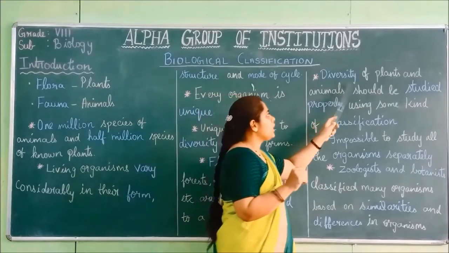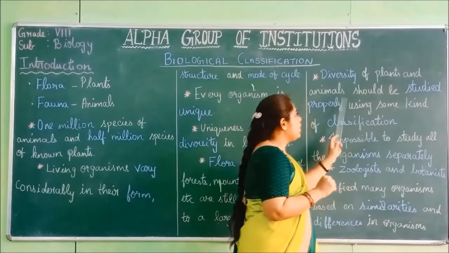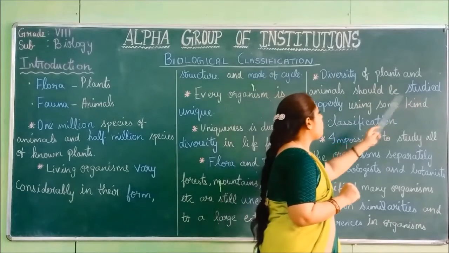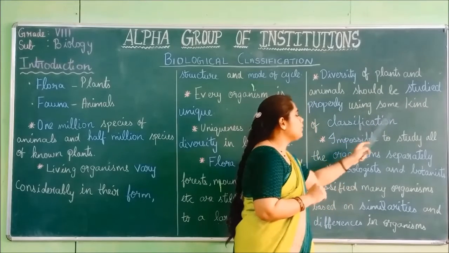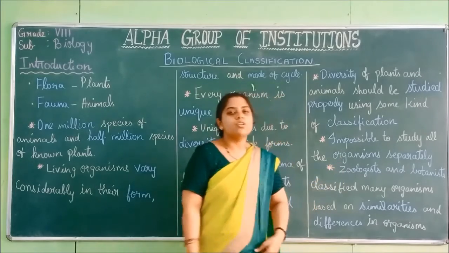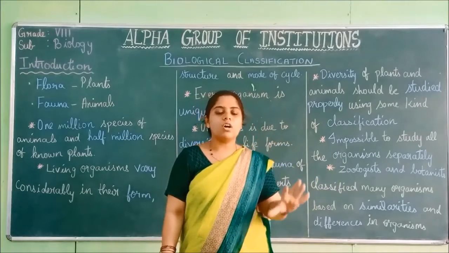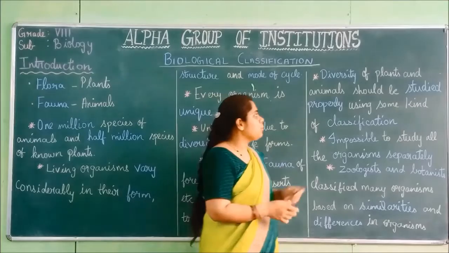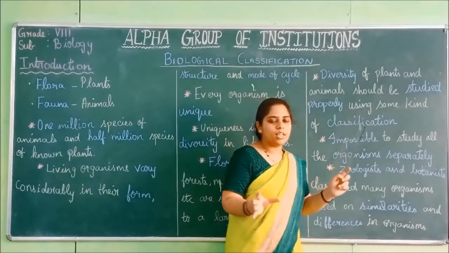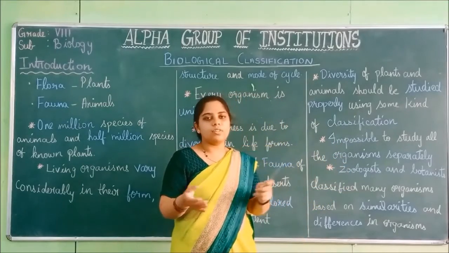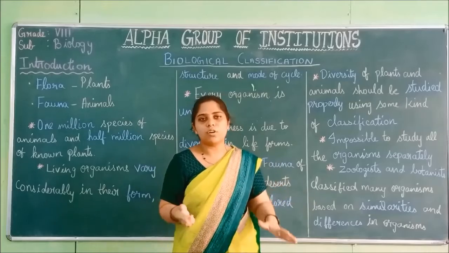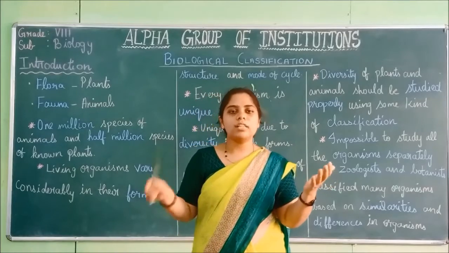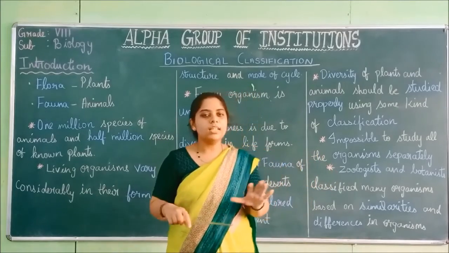And diversity of plants and animals should be studied properly using some kind of classification. So all the organisms should be studied properly using some kind of classification. To know the diversity of organisms, we should classify the organisms and learn them.